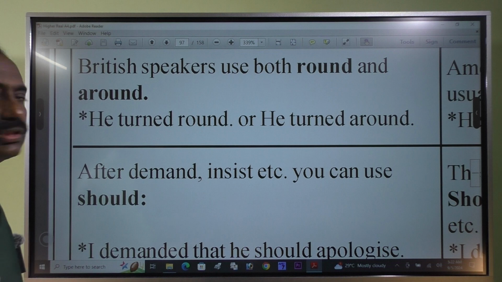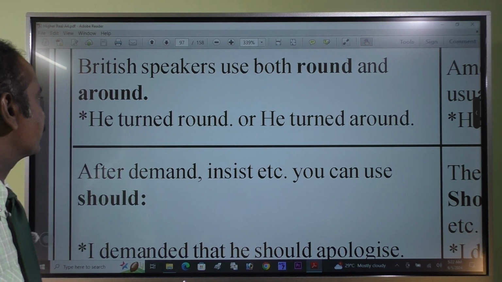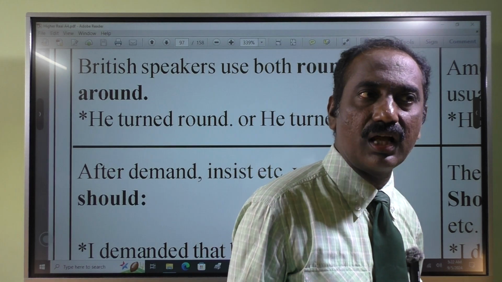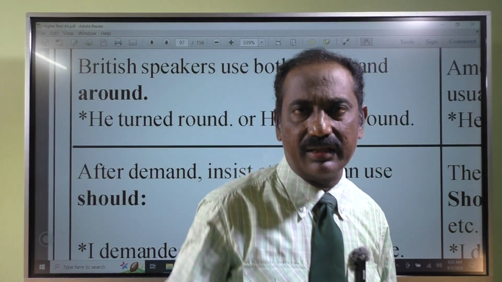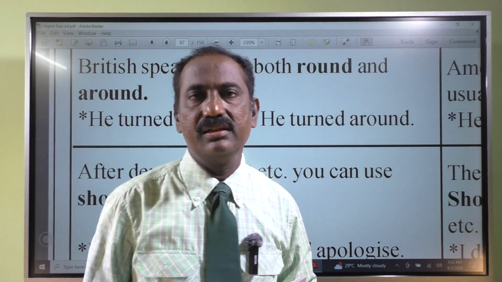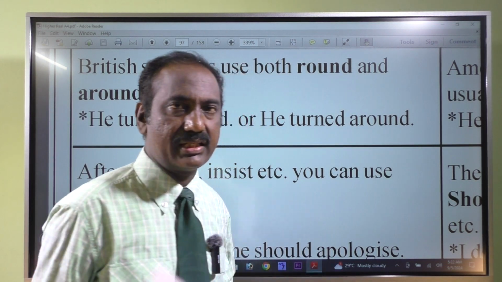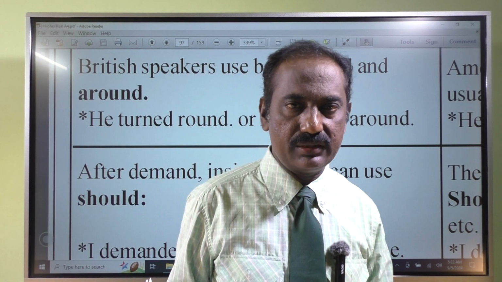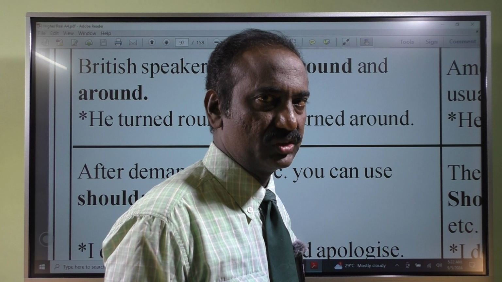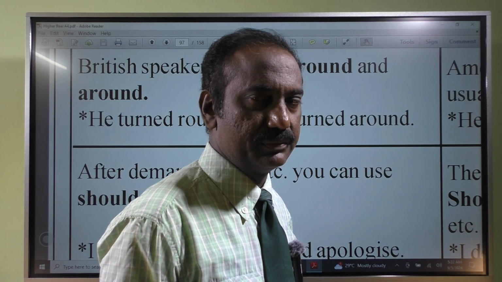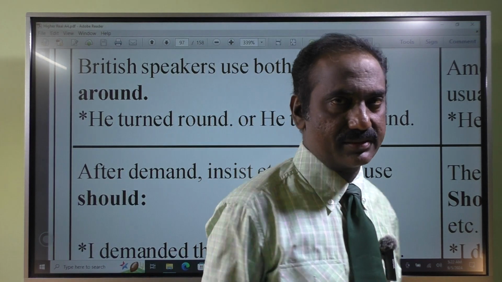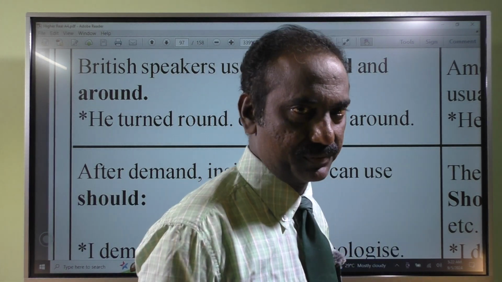Round and around are both equal for Britishers. He turned round or he turned around. Turning around means making a complete turn. See here, three things. Turn left or turn right is 90 degrees.